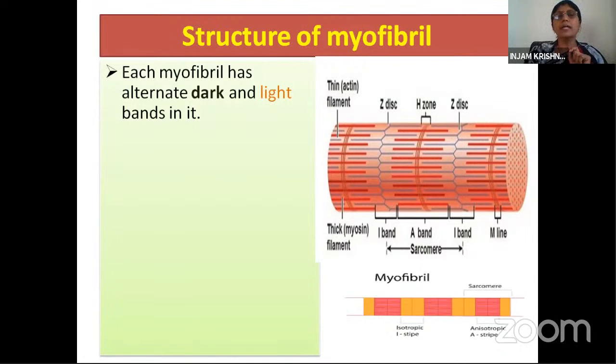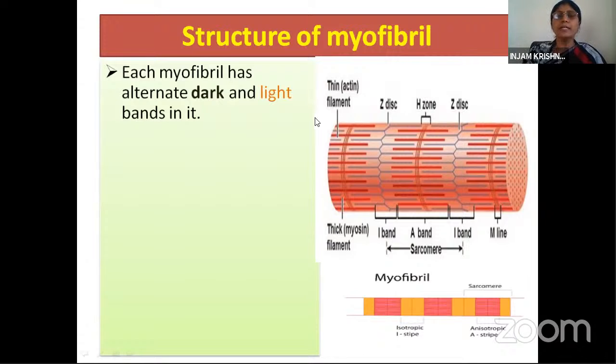It contains organelles: myofibril, sarcoplasm, sarcoplasmic reticulum, mitochondria, and numerous nuclei. That's why we call it a syncytium, isn't it? Now, again, we start with the structure of myofibril or myofilament.